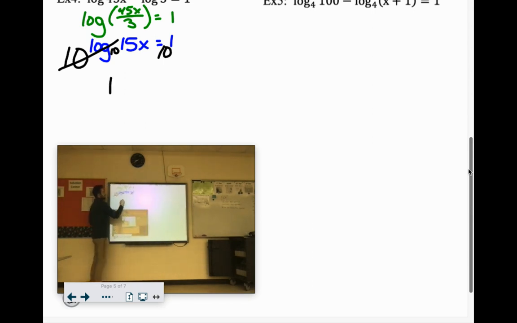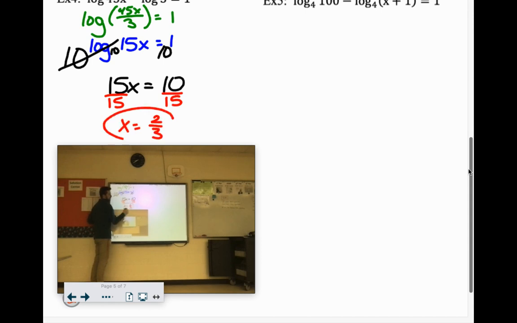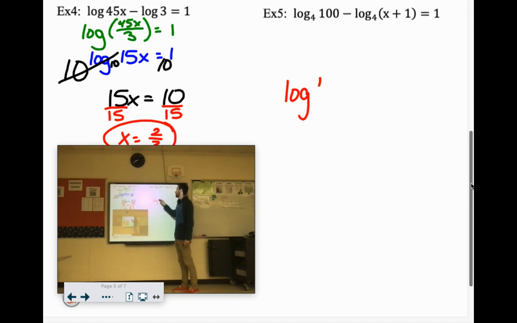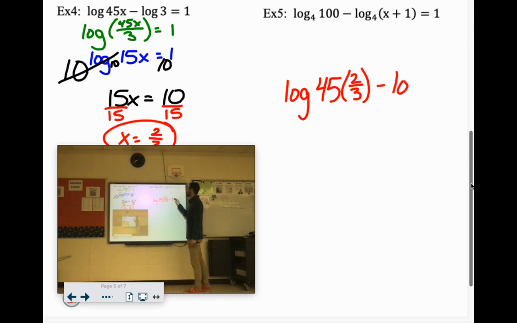We would have 15x equals 10 to the first power, which is just 10. And then we'll divide by the 15. And if we simplify this, we would get 2/3. Now if we substitute that into the original problem, log of 45 times 2/3, minus log 3 equals 1.